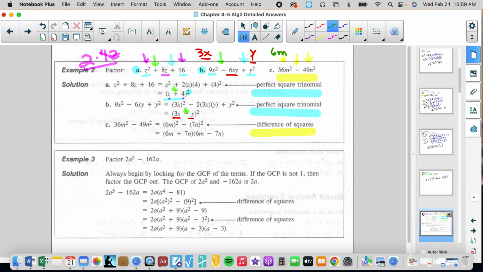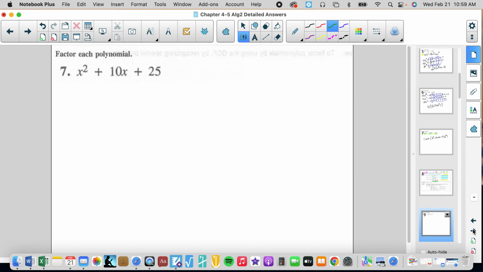Take the square root of 49n, that's 7n. And we have to create conjugates. Why do we have to create conjugates? Because there's no middle term. And then in example 3, we have to GCF first and then look and see for special cases.